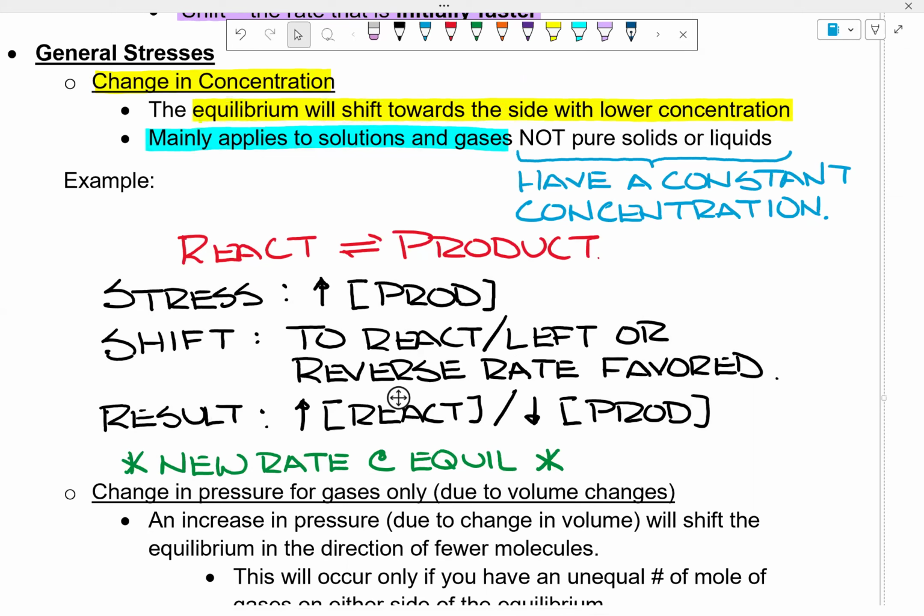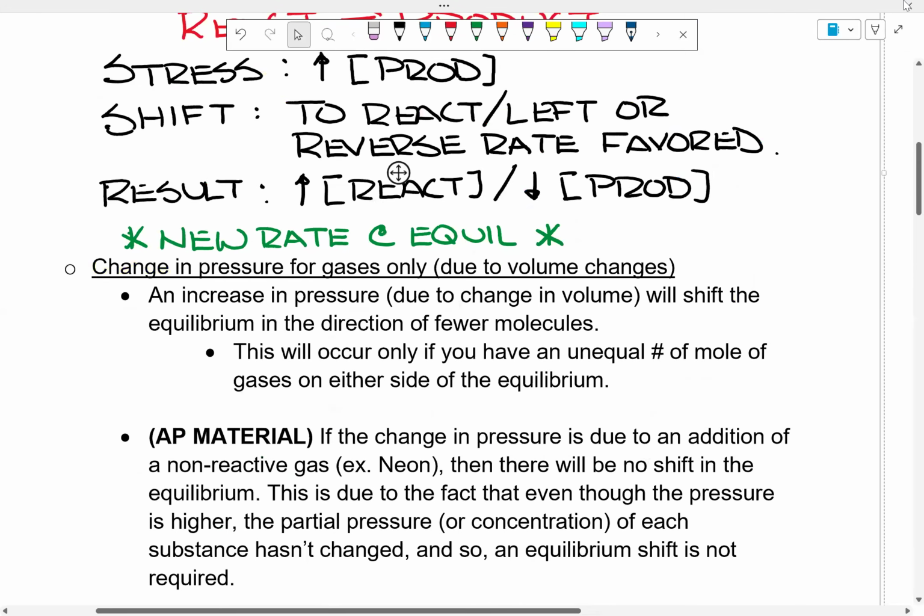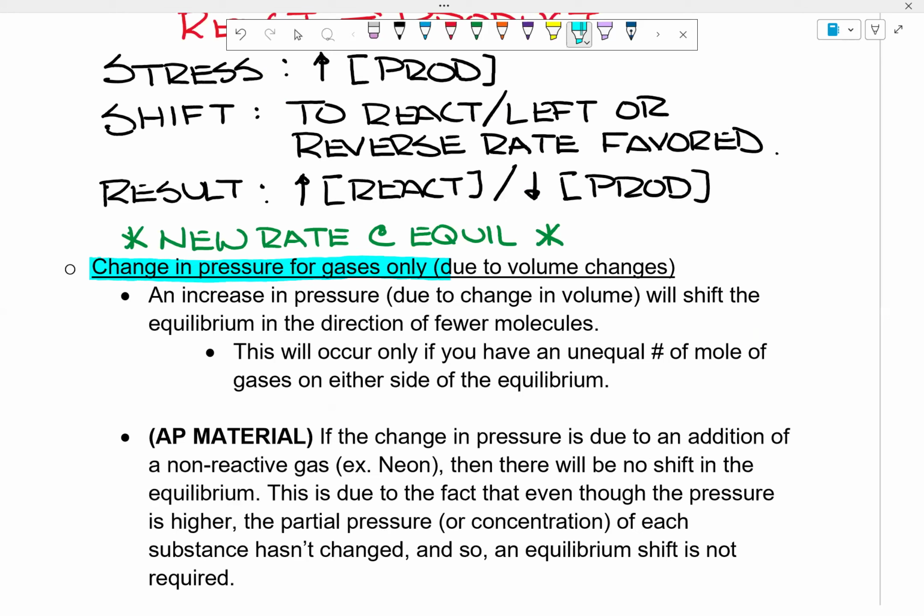All right. Now, what is another change or another stress that we could apply to an equilibrium? What we could have is a change in pressure for gases only due to volume changes. Okay, now for grade 12, we are just focusing on the changing of the volume.